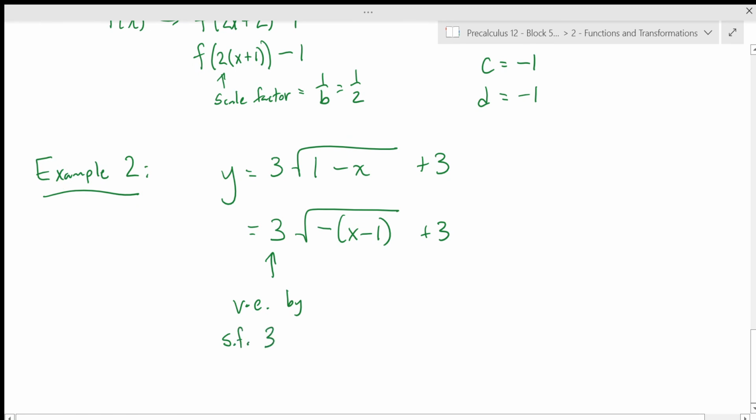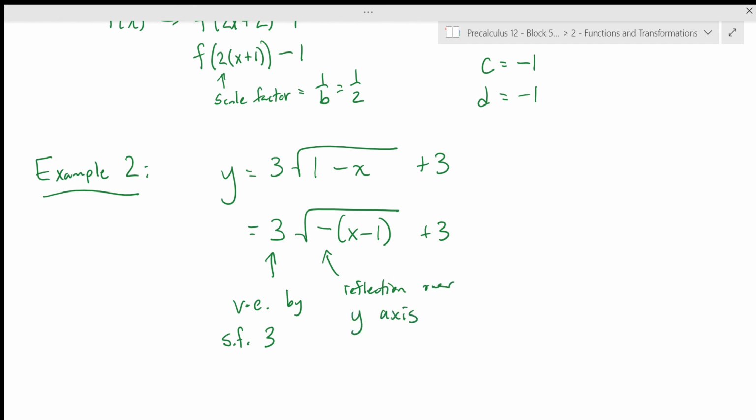I usually would do a separate drawing for your expansions and compressions because they are the hardest ones. I wouldn't try to do that while also trying to deal with translations or reflections. I would just do the expansion and then deal with the rest of it. So we have a vertical expansion by scale factor 3. Then a reflection over the y-axis, that's that negative one.